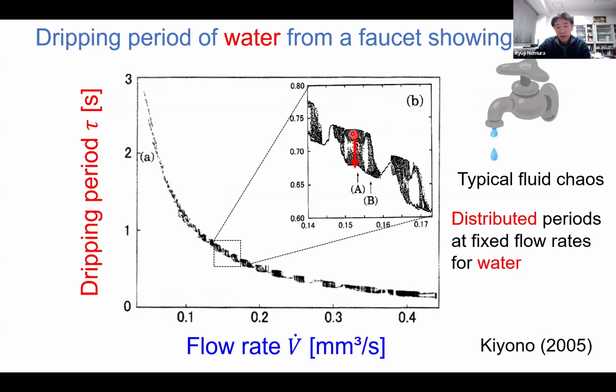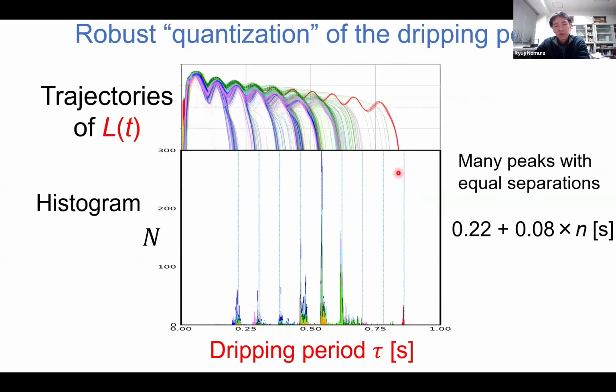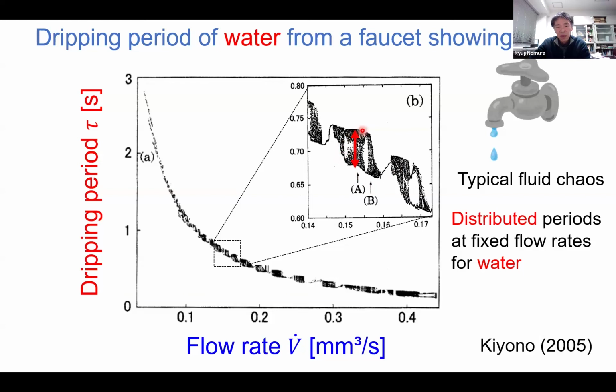So this result is very different from ours. In our case, we had a fixed dripping period, even if the flow rate was changing. So it appeared in this way. But for water, it appeared in this way. It has a widely distributed dripping period, even when the flow rate is fixed at this position.